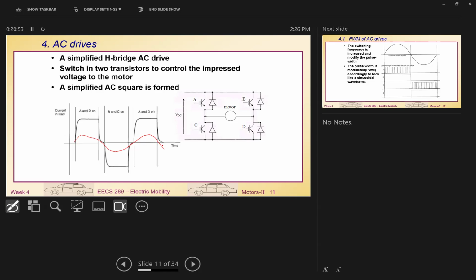This is only a simple topology to show you, but in real applications, instead of this simple square wave, we use high-frequency pulse width modulation. We change that into something more like this one, with more pulses at higher frequency. And this waveform we call pulse width modulation.